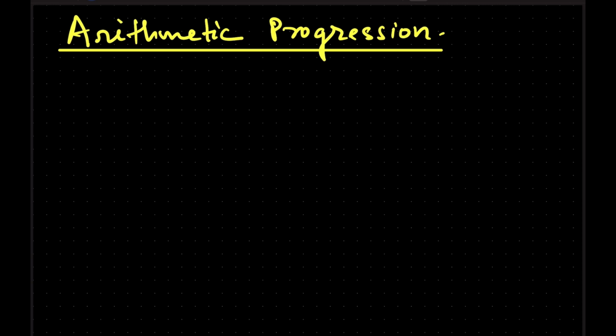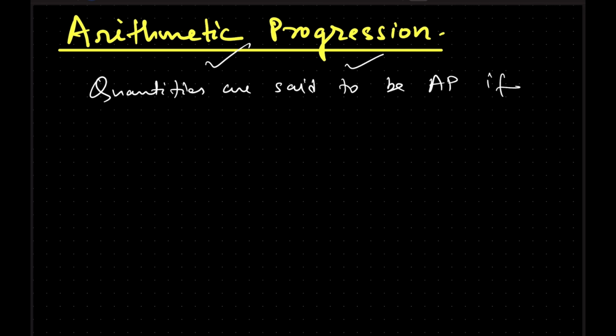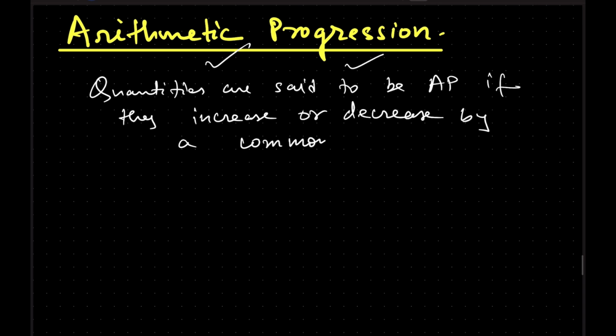So let's see what an arithmetic progression is. Quantities are said to be in AP if they increase or decrease by a common difference. What does it mean? Suppose a series is 1, 3, 5 and so on.